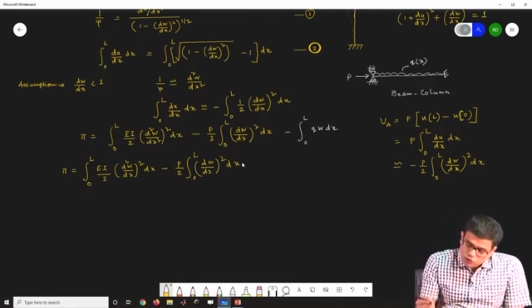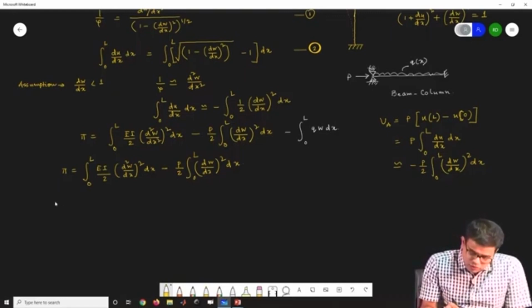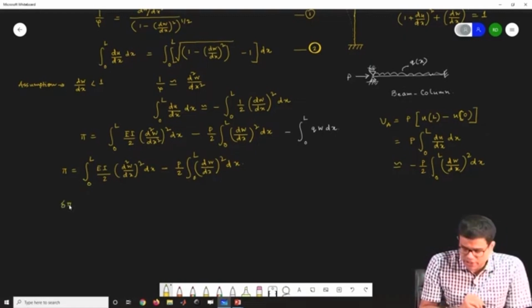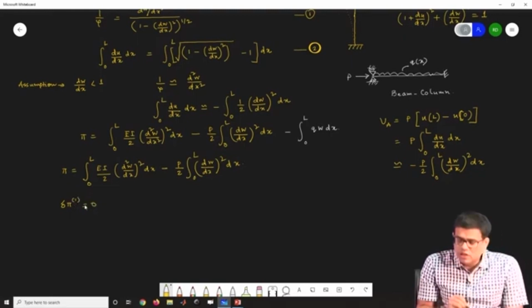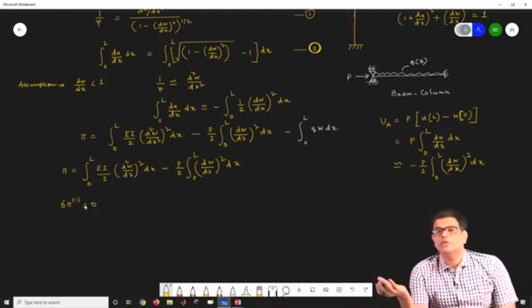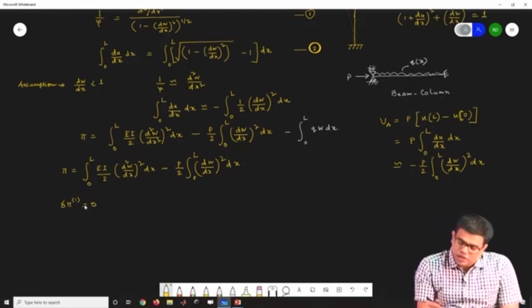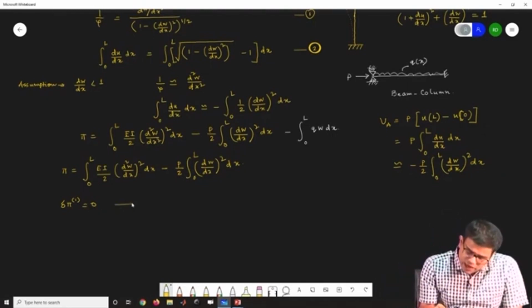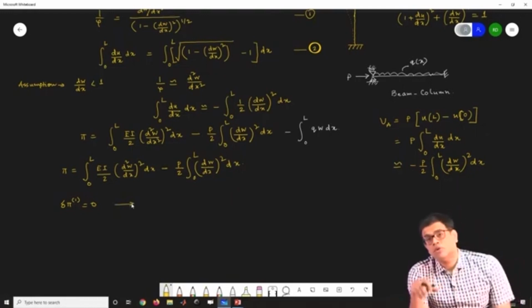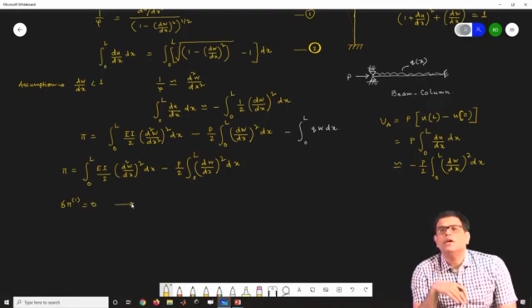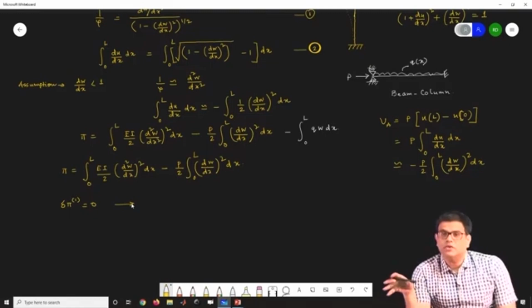Now, I know how to do the Euler-Lagrange equation for this. If I take the first variation of this potential energy and equate it to 0, then I will get the differential equation for the beam column and the associated boundary conditions. For instance, you can verify it, I am just writing the differential equation.